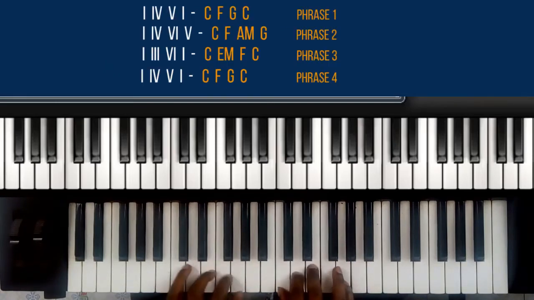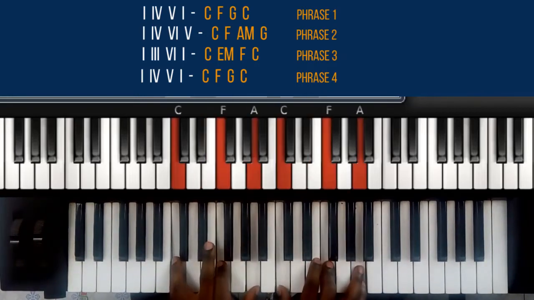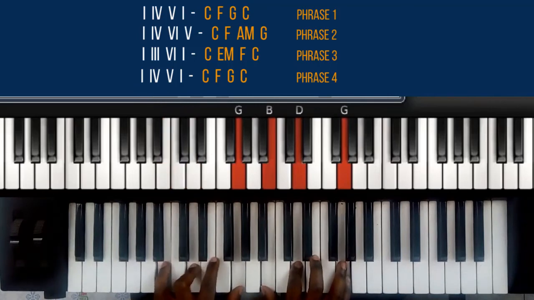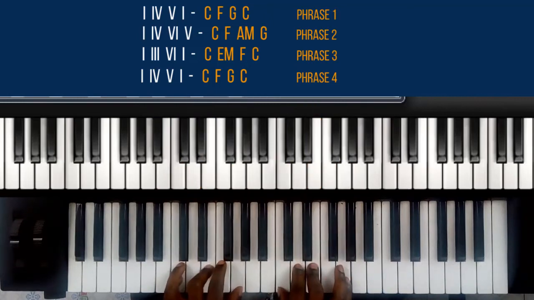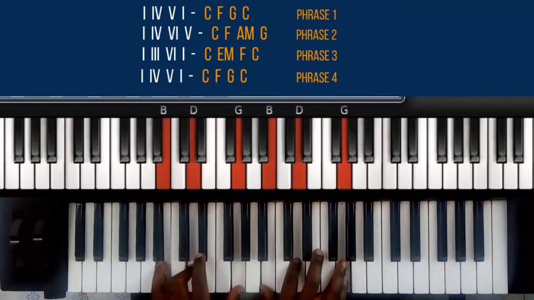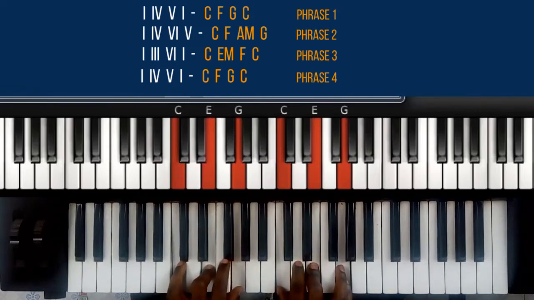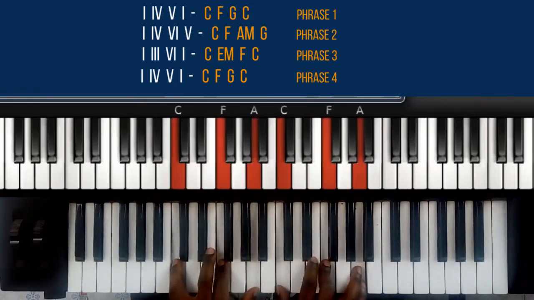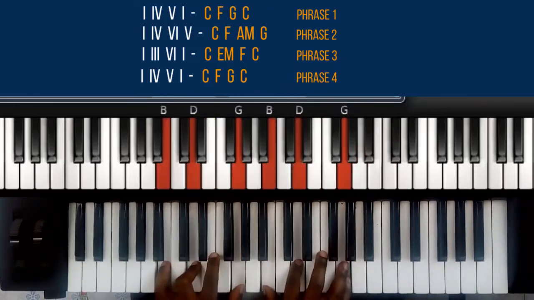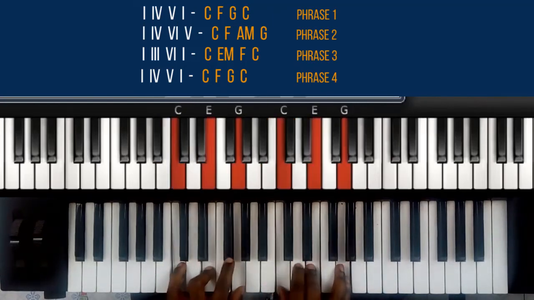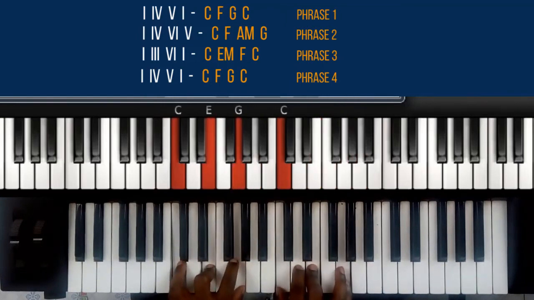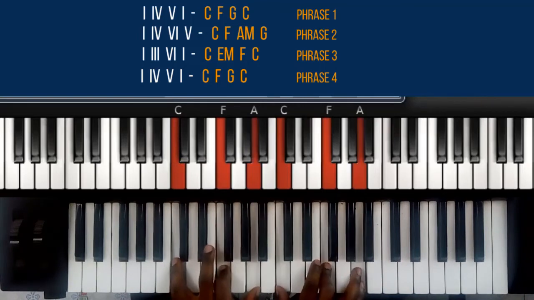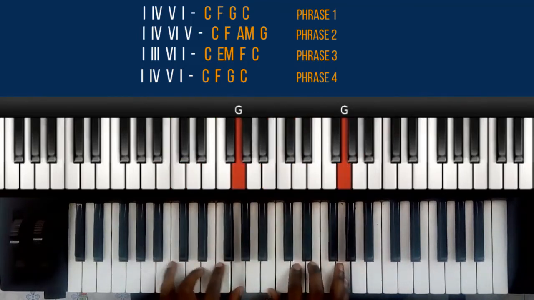The progression is 1, 4, 5, 1, 1, 4, 5, 1, and then 1, 4, 6, 5, and then now you will play the 1, 3, 4, 1, 1, 4, 5, 1.